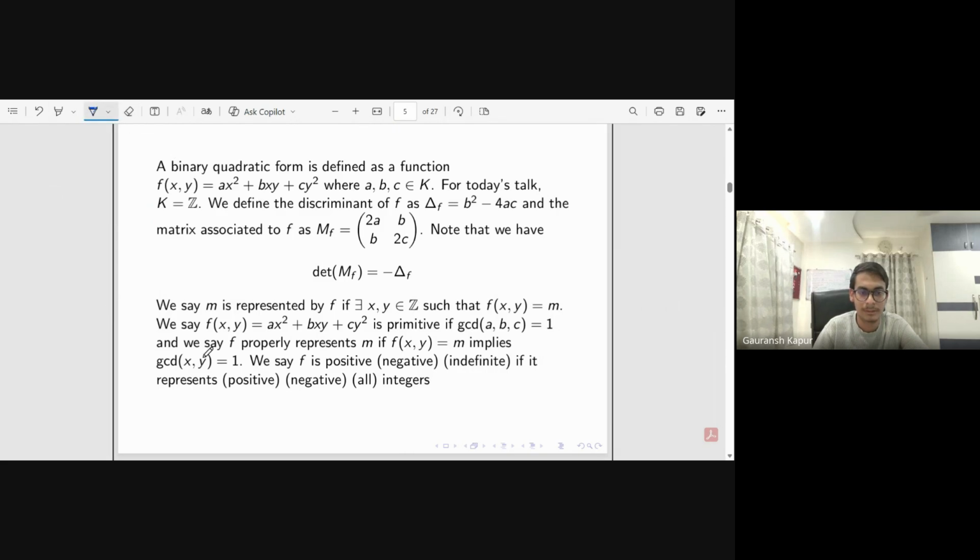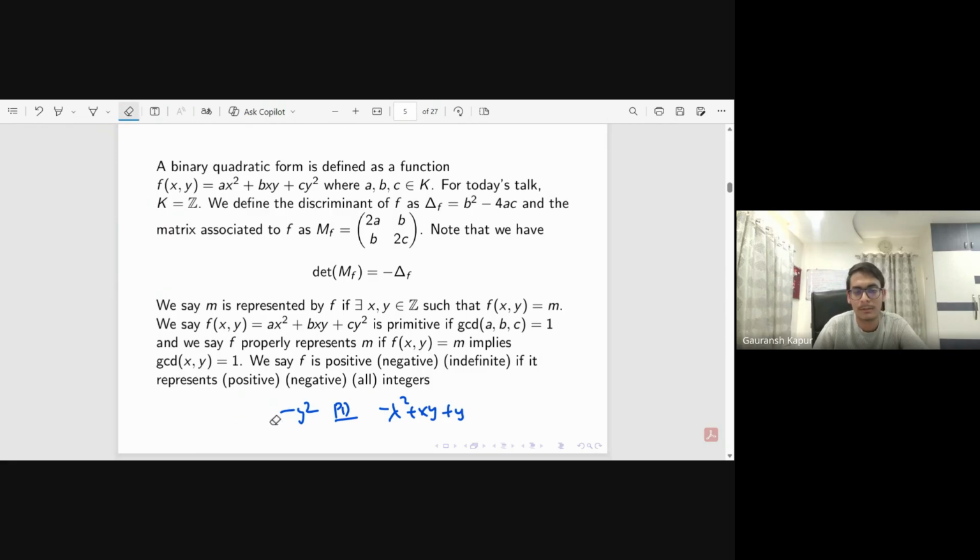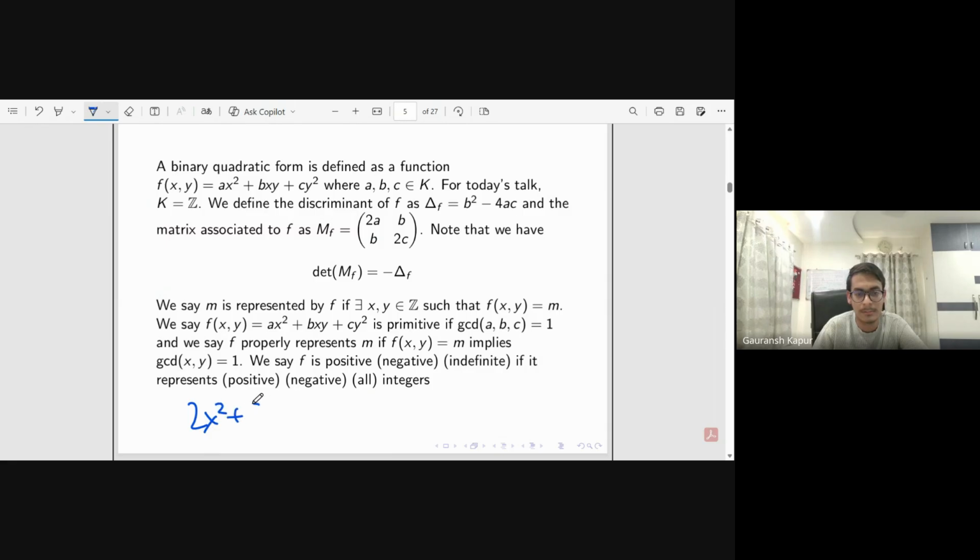So for example, this form x square plus xy plus y square is positive definite, and minus x square plus xy minus y square is negative definite. And this form, let's say x square plus 5xy minus y square, is indefinite. This can represent positive and negative numbers also.